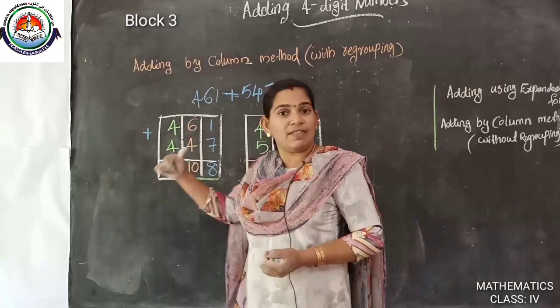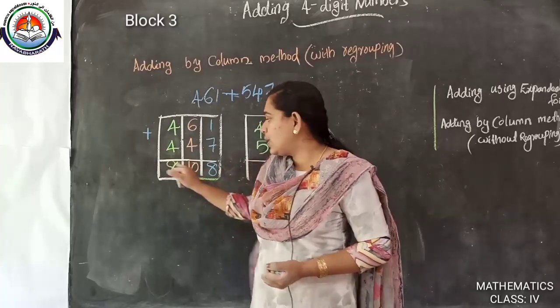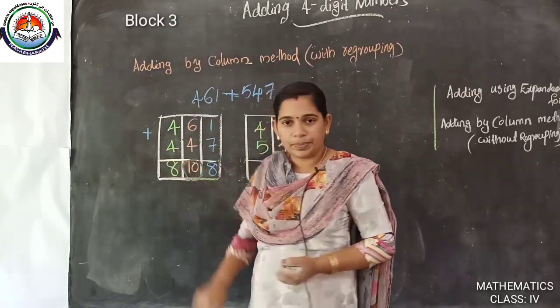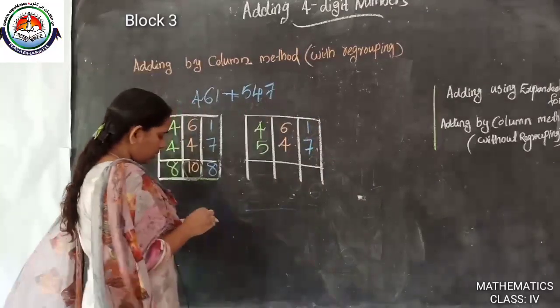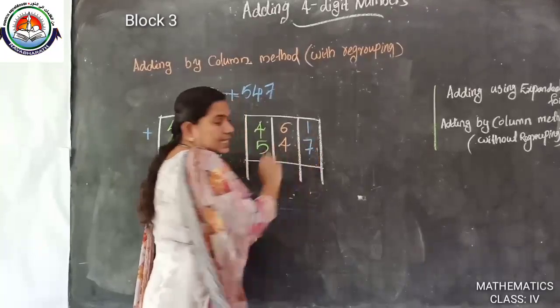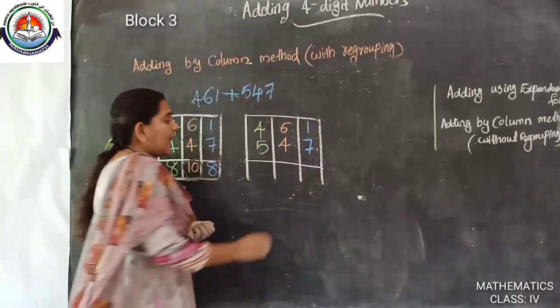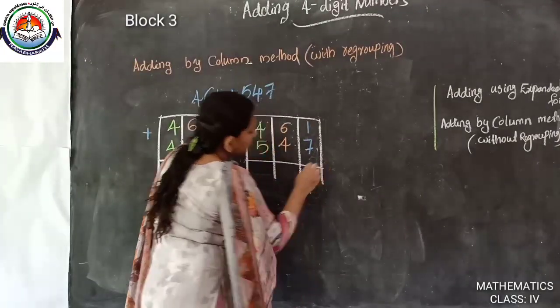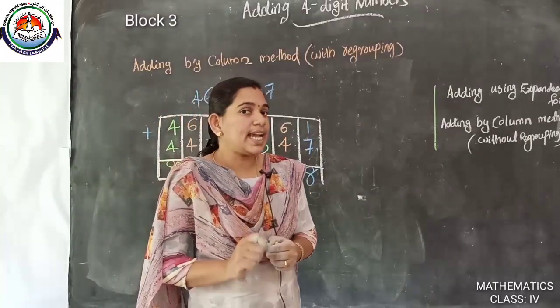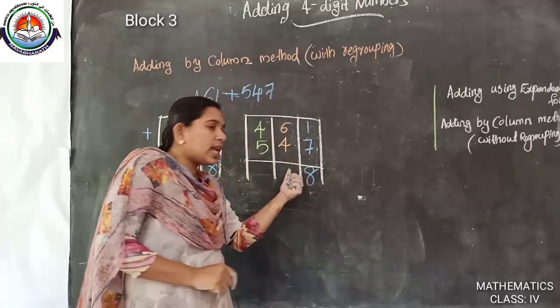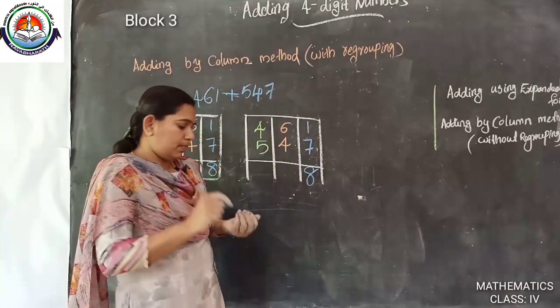Remember the previous problem we discussed. So this is wrong here. Okay. Then we will check it. 1 plus 7? 8. Very good. Then 6 plus 4? 10. In 10, we write 0 here, and 1 as a carry.